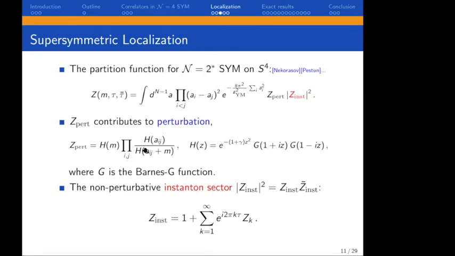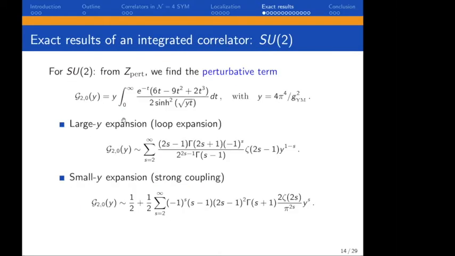So if you're interested in perturbative, you can set the instanton part to be 1, and this Barnes G function has a simple expansion, say in small mass. And for SU(2), this is a 1-dimensional integral. And you can try and find that the perturbative term is given by this 1-dimensional simple integral.